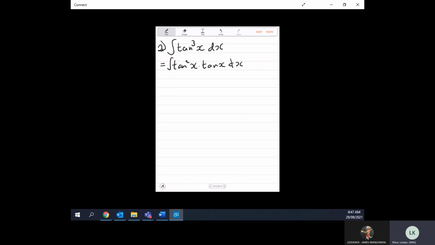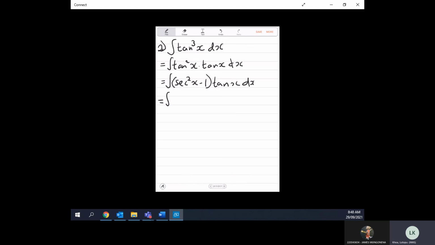And then this tan squared, we rewrite it as sec squared minus 1. So this is the integral of sec squared x minus 1 times tan x dx. Then multiply out the brackets.